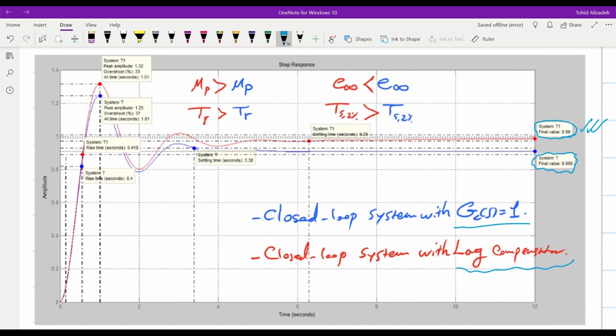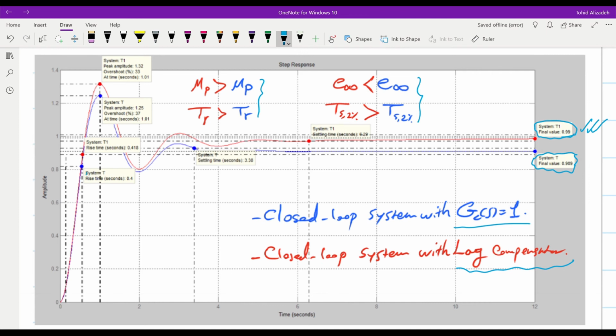In terms of the other requirements, over here we don't see the noise and disturbance rejection, but we can check the transient requirements. We had them in terms of the phase margin and omega c, but over here you can see how the introduction of the lag compensator changes the transient behavior of the system.